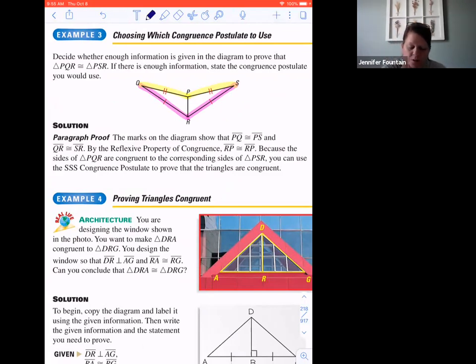Also, think about what we learned. Maybe I'm jumping ahead, but I was going to say also that we talked about the third angle theorem.